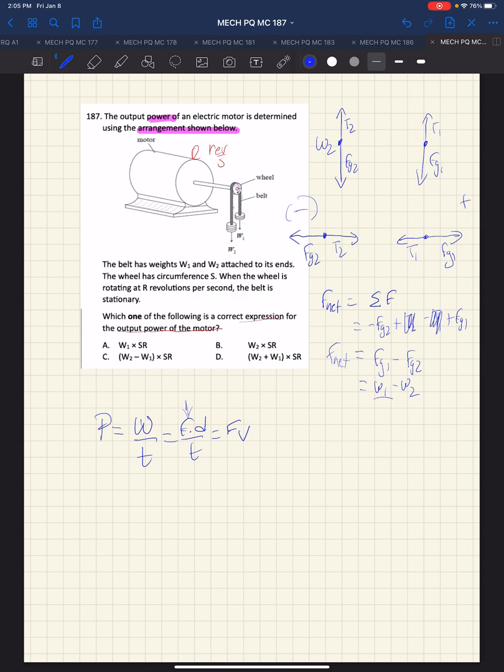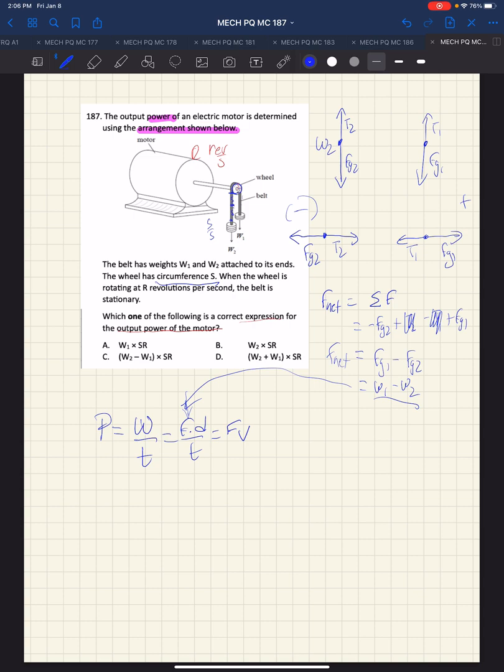So we have the weight of one minus the weight of the other, using their terminology. And if that's the force, we need to know the distance. S is the circumference. What's not obvious is that the weight will rise the distance S every second, so S is the distance times the revolutions per second.